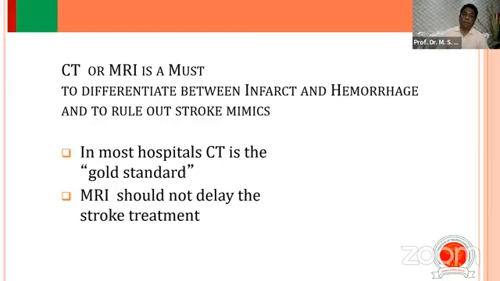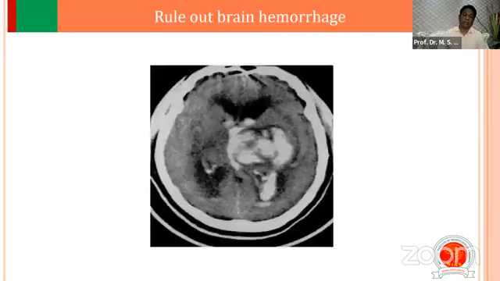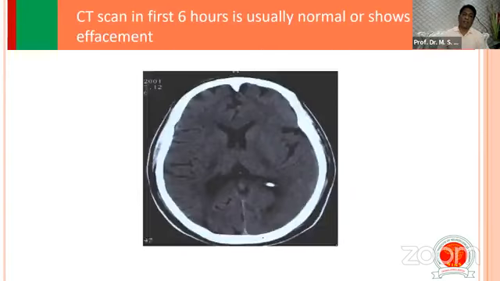CT or MRI is a must to differentiate between infarct and hemorrhage and to rule out stroke mimics. In most hospitals, CT is the gold standard. MRI should not delay the stroke treatment. With CT scan, we can rule out brain hemorrhage first of all. In the first 6 hours, CT scan is usually normal or shows only sulcal effacement, that is, there are no sulci.